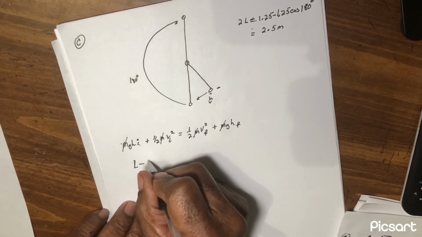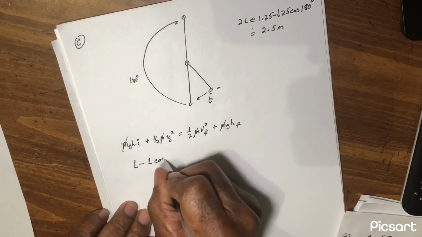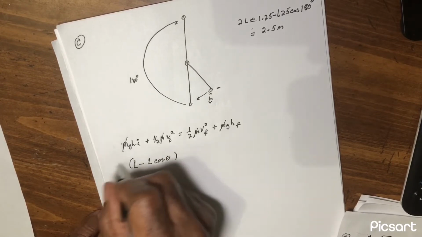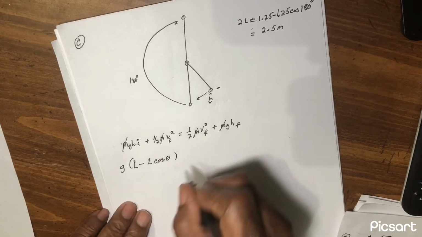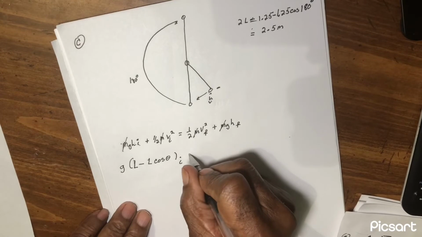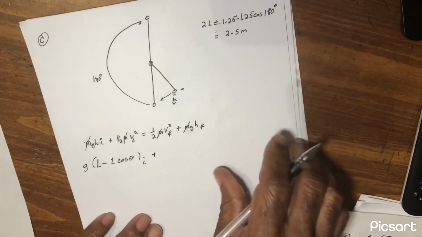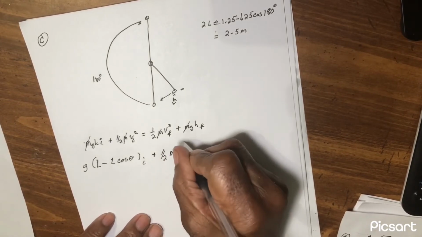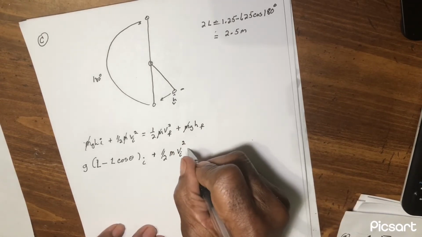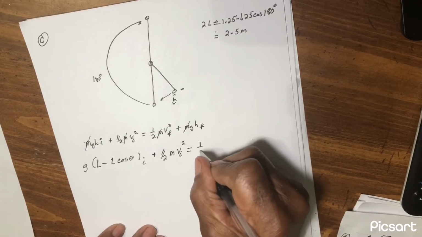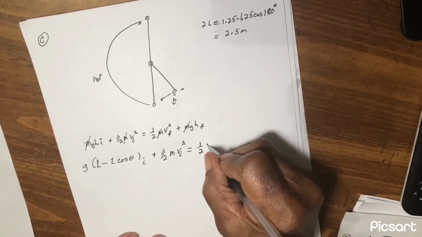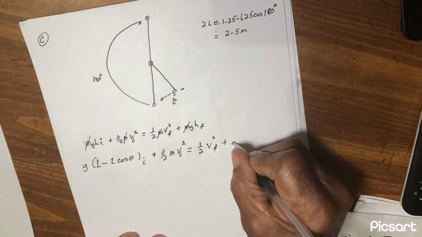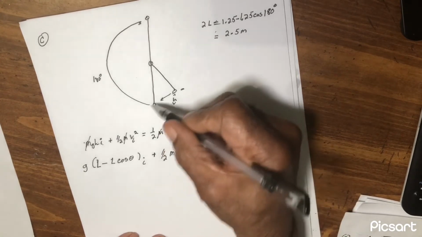minus L cosine theta, that's the length, times g initial plus 1/2 mv initial squared, that's what we're looking for, is equal to 1/2 v squared final plus g, and h is the distance from here to here.